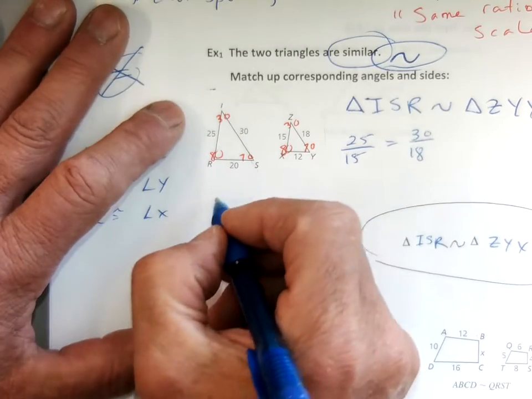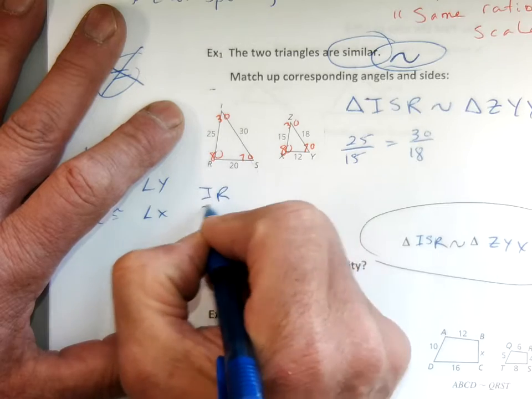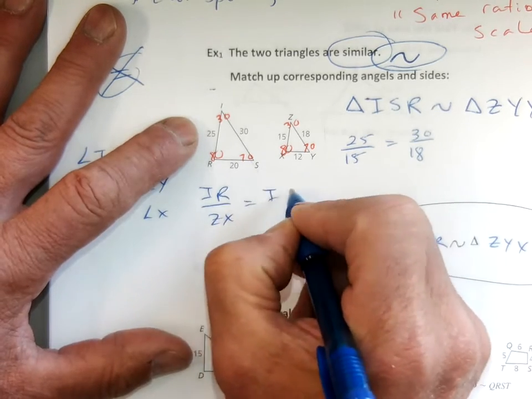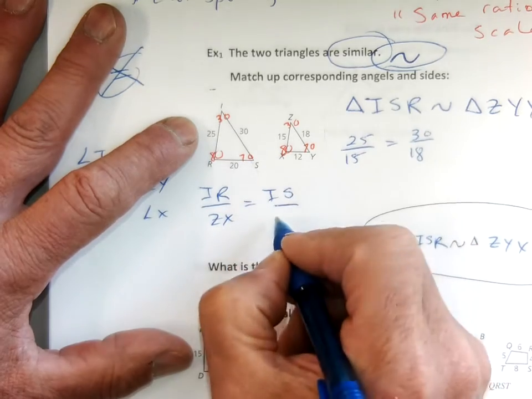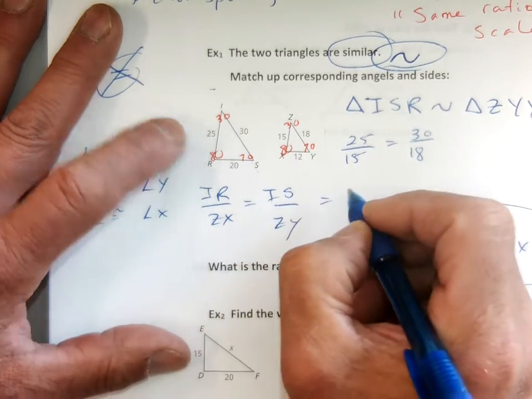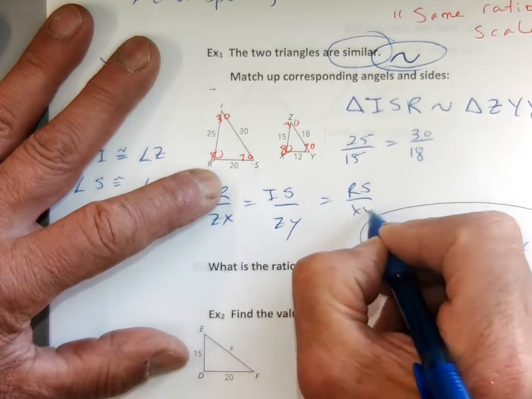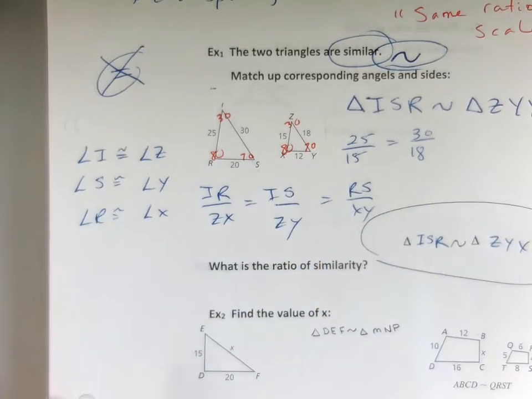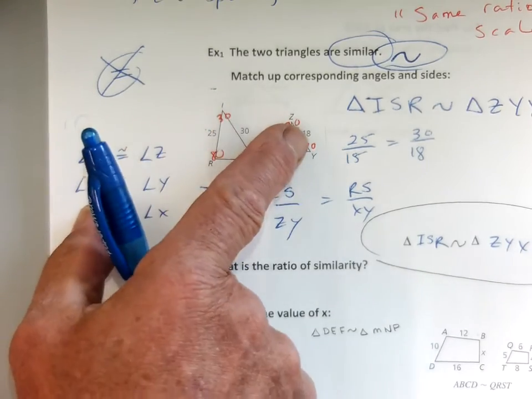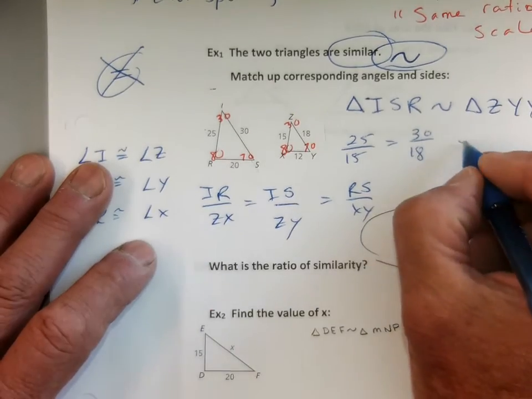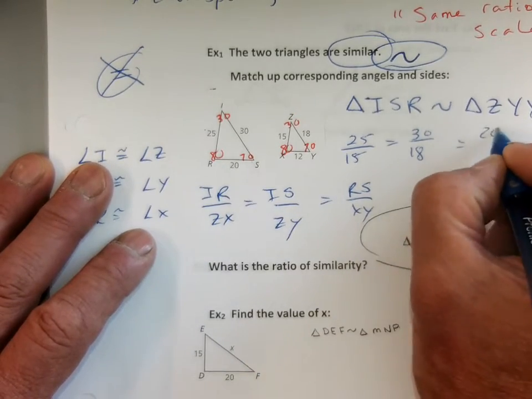So I've got my IR goes to my ZX as my IS goes to my ZY as my RS goes to my XY, right? So I'm putting the sides together. This side goes to this side. This side goes to this side. This side goes to this side. So as my 20 goes to my 12.